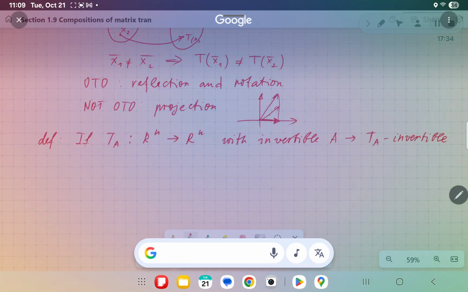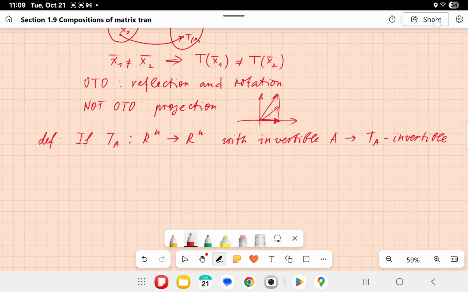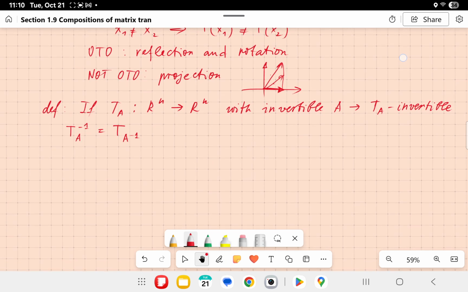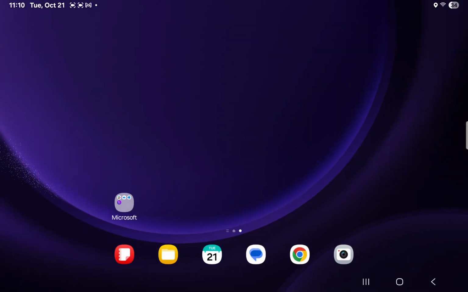And we are going to label it the next way: TA inverse. And actually that's going to be the transformation with the inverse matrix.